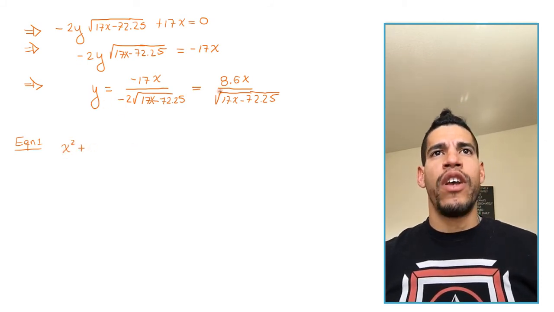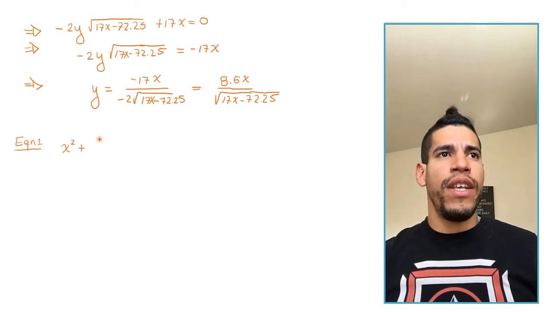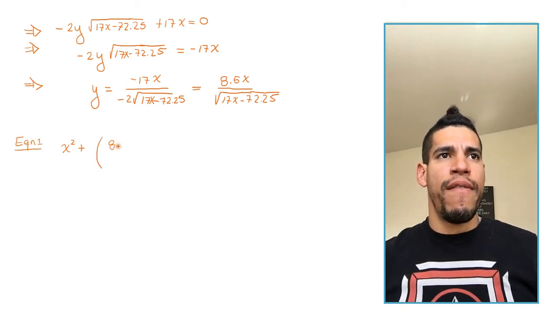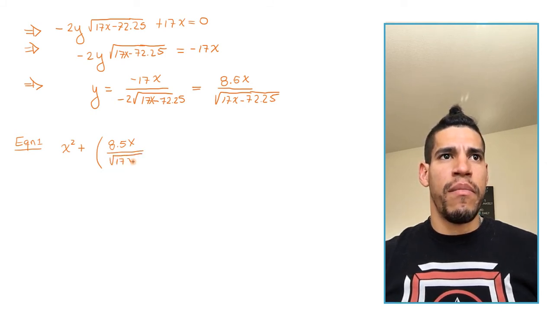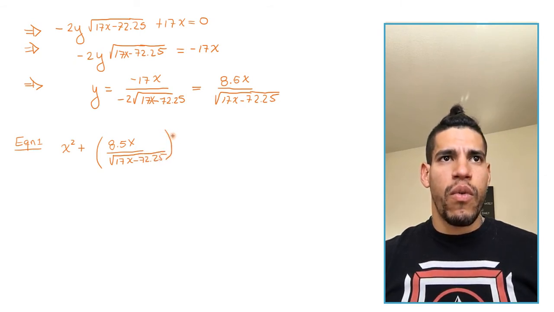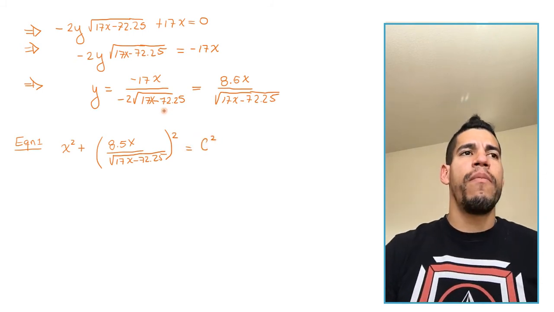Now y is in terms of x, so y squared is 8.5x divided by the square root of 17x minus 72.25, squared, equals c squared. Okay?